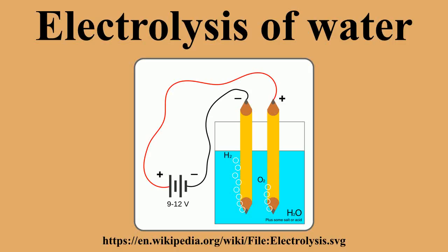Therefore, the process cannot proceed below 286 kJ per mole if no external heat energy is added. Since each mole of water requires 2 moles of electrons, and given that the Faraday constant F represents the charge of a mole of electrons, it follows that the minimum voltage necessary for electrolysis is about 1.23 V.